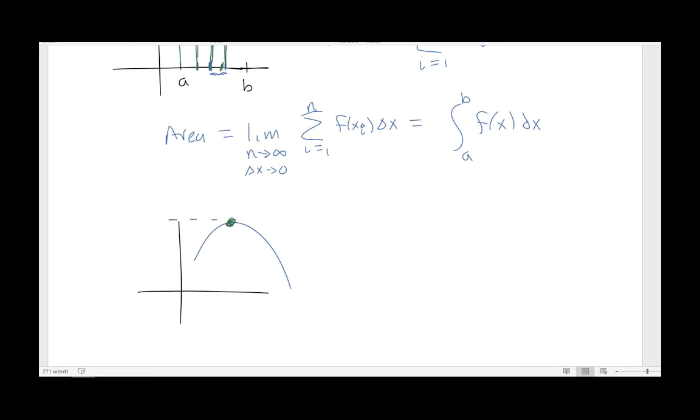We wanted the slope of that tangent line. What we did initially is we found the slope of the secant line between these two points, and we let this point move closer and closer and closer, and the average rate of change became an instantaneous rate of change.